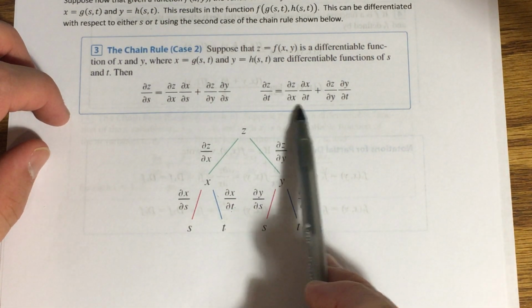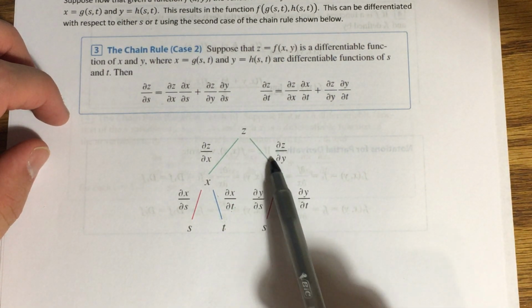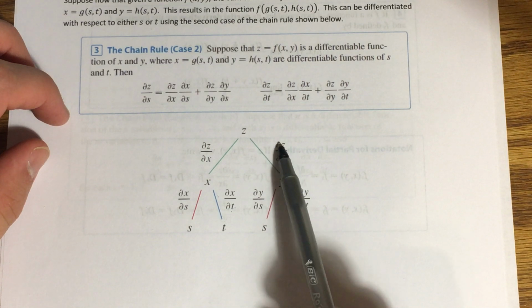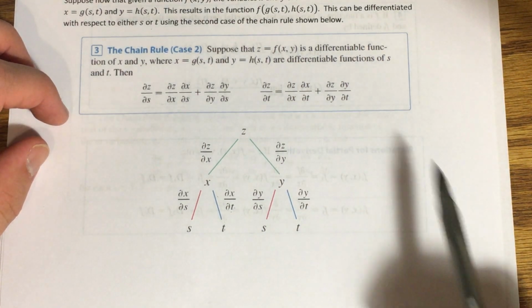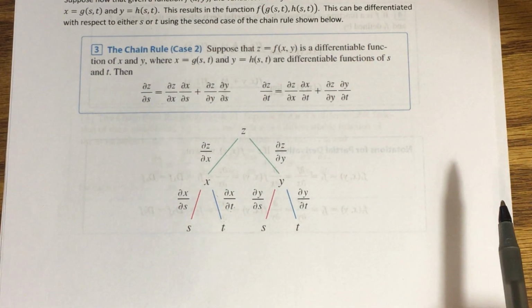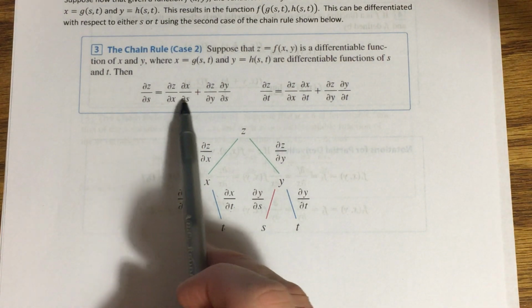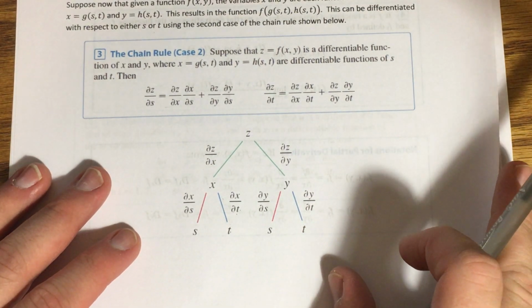Notice that that's the first term here. And then I have to go down and find the other t as well. Along the way, I'm going to go through this branch, partial of z with respect to y, partial of y with respect to t. That becomes the other term. Okay, so this little tree diagram, a lot of people like to use this to remember the order of these terms for the chain rule, and that's totally fine. It's a great way to remember that as well.